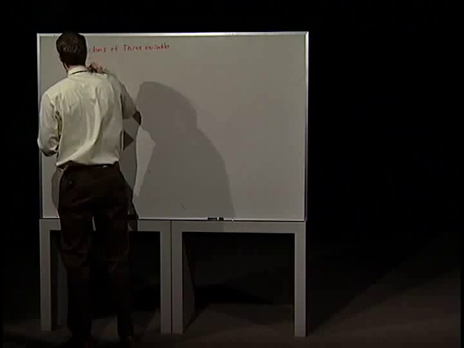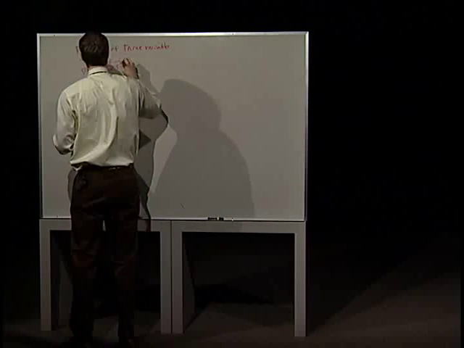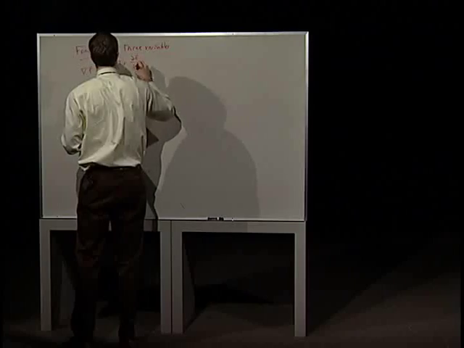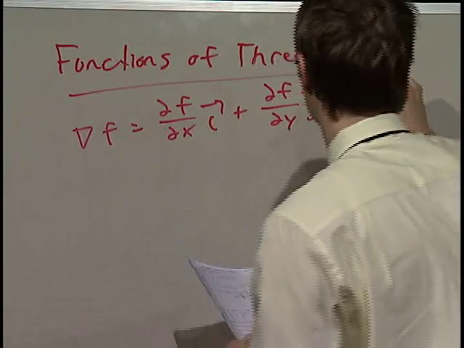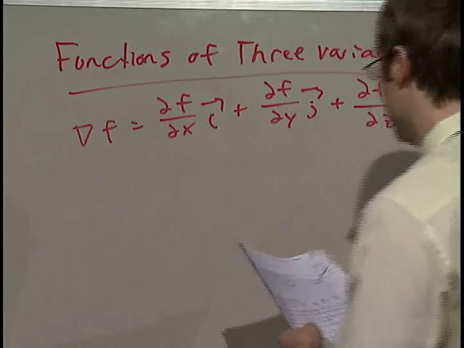Right, so here the gradient is just partial f partial x i plus partial f partial y j plus partial f partial z k, right?